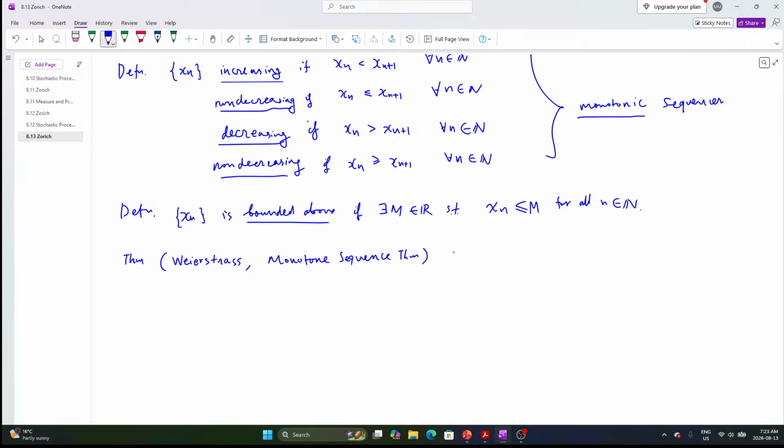So if xn is non-decreasing, then xn converges if and only if it is bounded above.